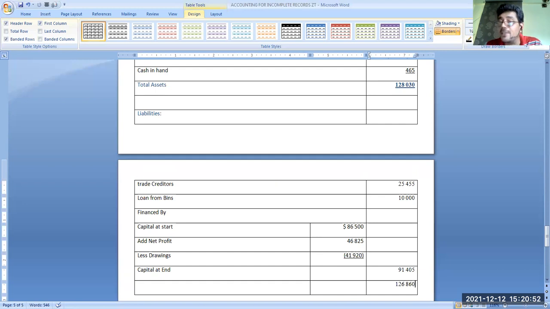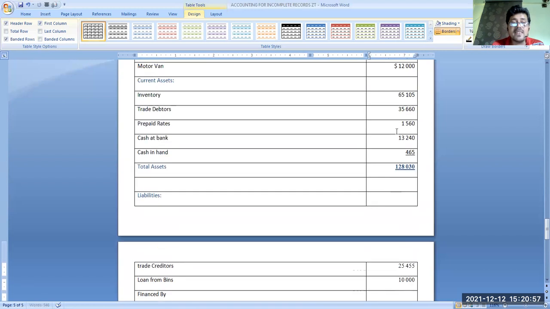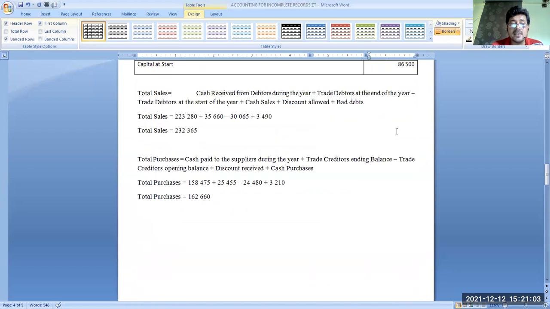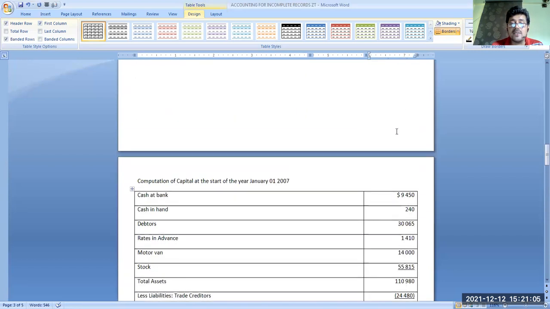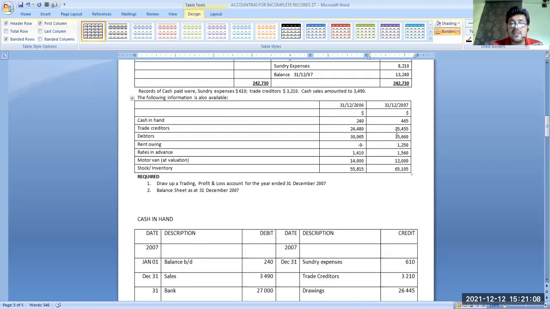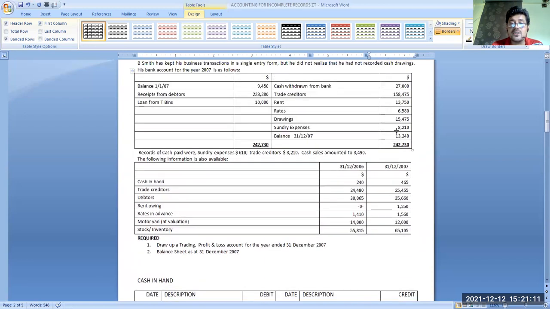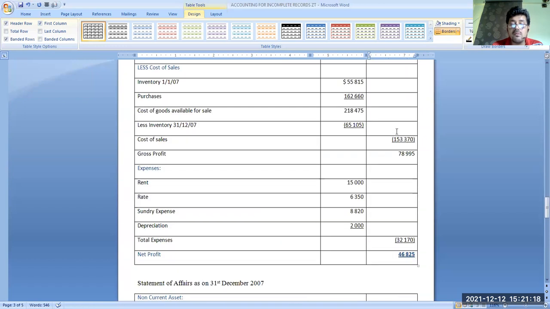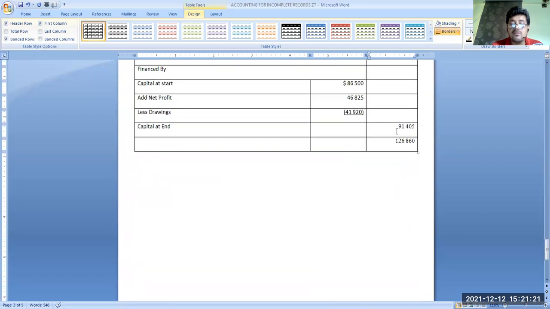The answer is coming different. Minus 128,030, the difference is 1,170. Is there any figure of 1,170 in this question somewhere? No. So we have to find out why the difference is coming.